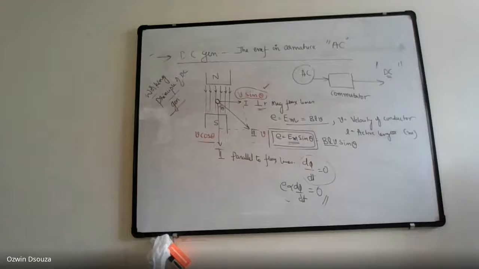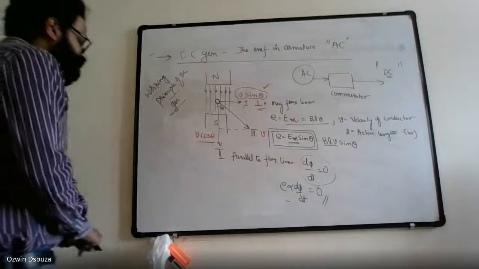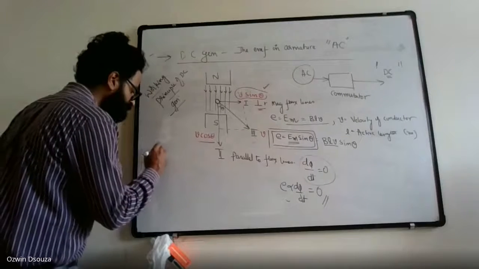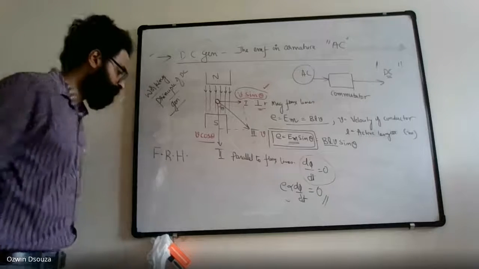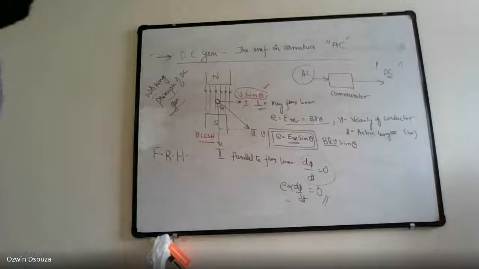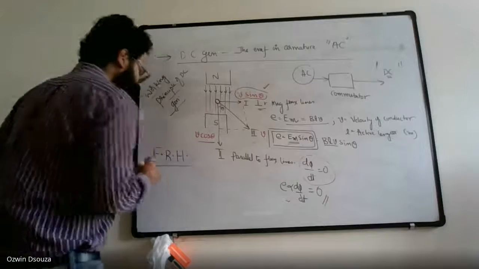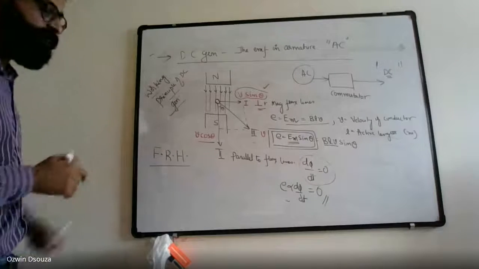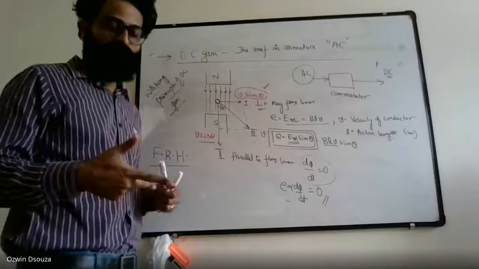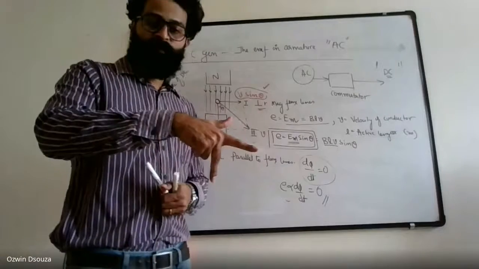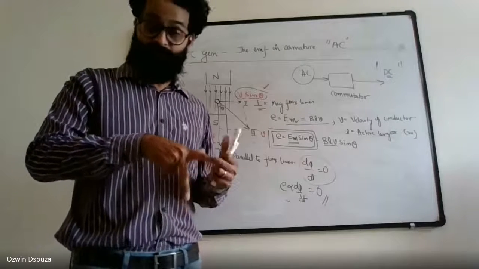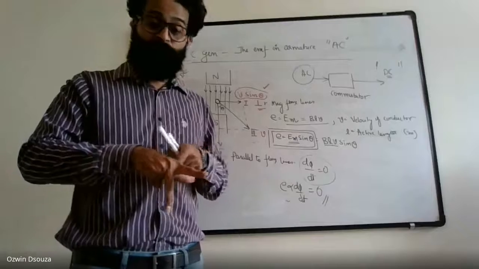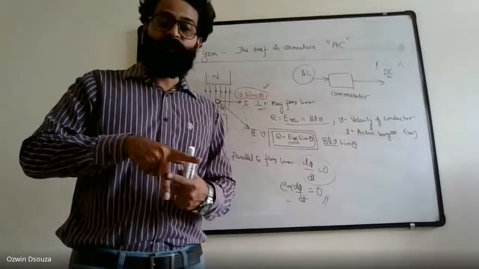And direction of induced EMF or induced current can be given using Fleming's right hand rule, FRH. As per Fleming right hand rule, if we stretch the first three fingers of the right hand in such a way that the fingers are mutually perpendicular to each other, in the sense the angle between the respective fingers should be 90 degrees.